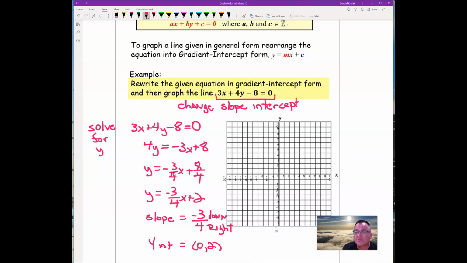So (0, 2), and get another point by going 1, count the spaces, 1, 2, 3, okay, 1, 2, 3, 4, and sketch your line. There it is.